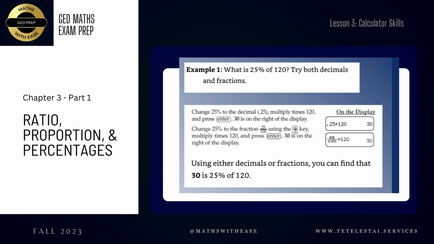Why? Because the decimal 0.25 and its fractional equivalent 1/4 represent the same quantity. Okay, and in this case, that quantity happens to be 30.